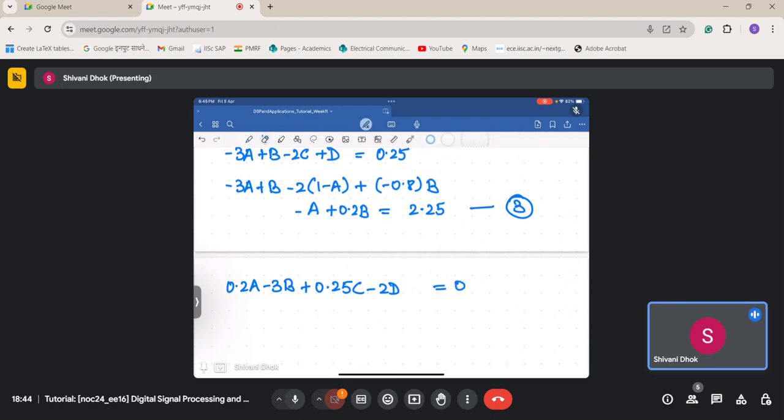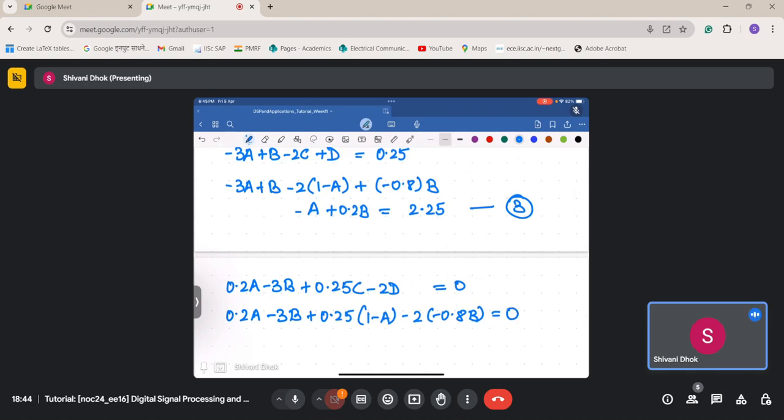So again let us just substitute it. So the 0.2a will be as it is, minus 3b plus 0.25 into 1 minus a, minus 2 into minus 0.8b is equal to 0.